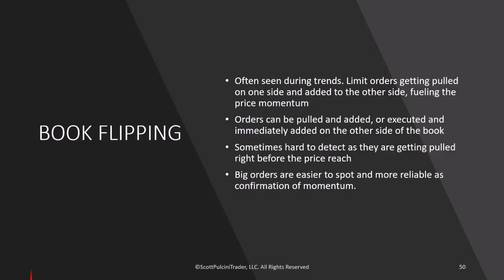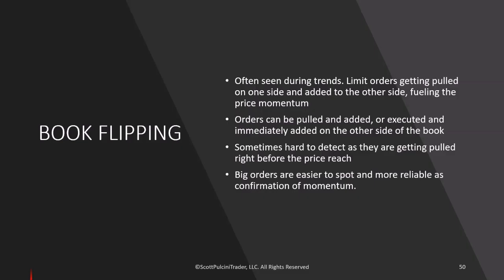Sometimes it's hard to detect as they are getting pulled right before the price gets there, at the very last instant. So it's hard to say if they are actually getting executed or not. You're going to have to zoom in and see into the microstructure if they are actually getting executed. But it doesn't really matter.